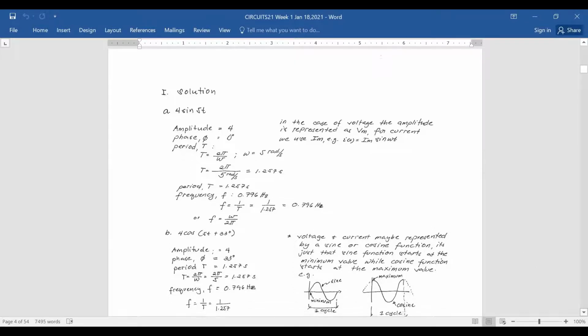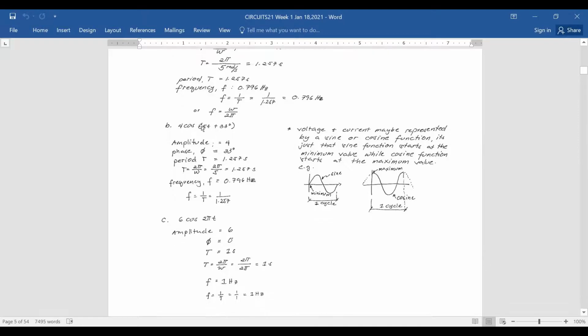And for letter B, this is 4 cosine of 5t plus 33 degrees. Again, the amplitude, the coefficient of cosine, is 4. The phase angle this time is given as 33, so phi is 33. The period T is the same because our W is 5.